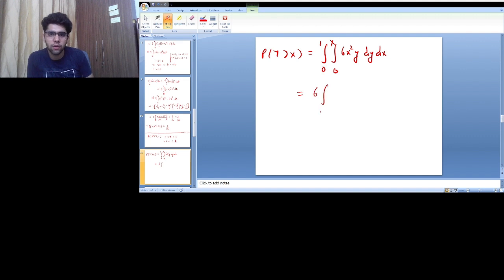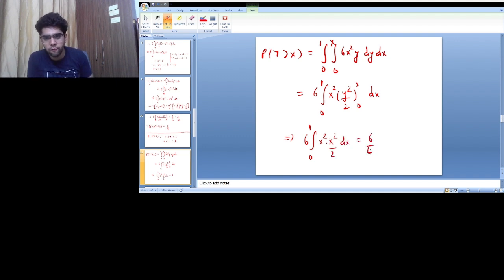6 comes outside, 0 to 1, x square comes outside, I'll be getting y square by 2, limits are 0 to x, dx. This gives me 6, 0 to 1, x square into x square by 2 dx, which is equal to 6 by 2, 0 to 1 x to the power 4 dx.